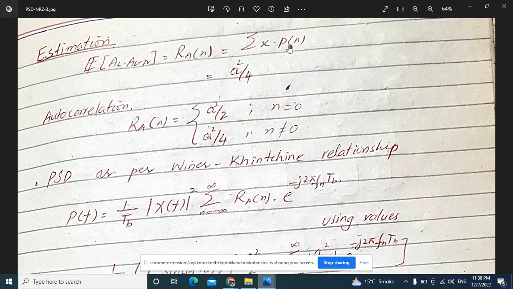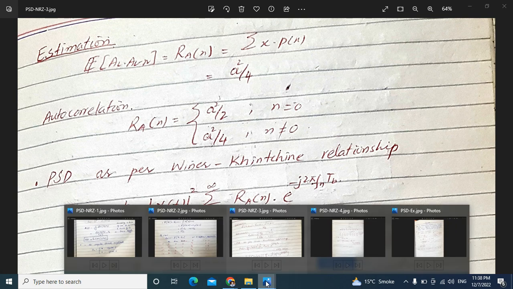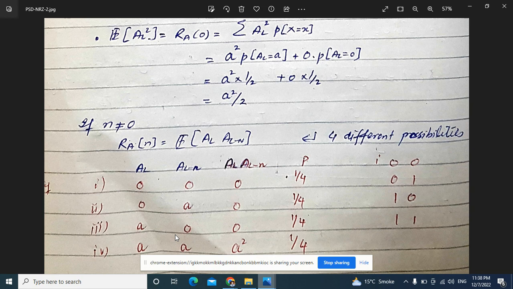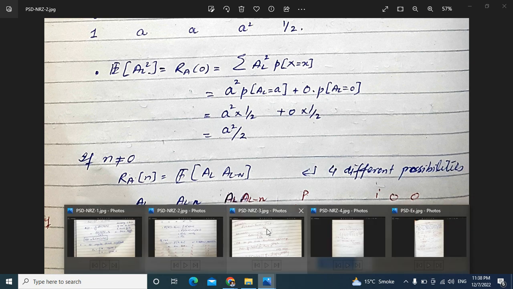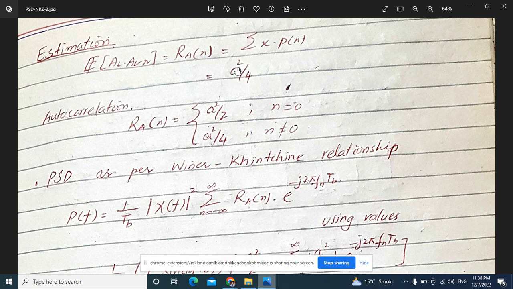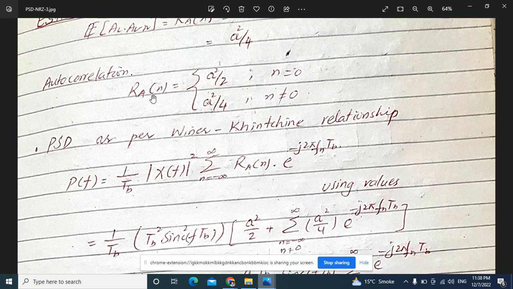If you use the same steps as we did previously when calculating the estimation, you will end up with the result A square by 4. So the autocorrelation for both cases is calculated: A square by 2 when n is equal to 0, and A square by 4 when n is not equal to 0.